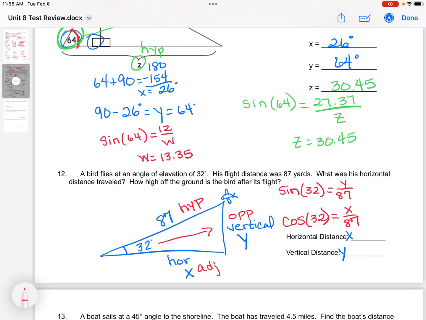So the horizontal distance is 46.10 yards. And vertical is 73.78 yards.